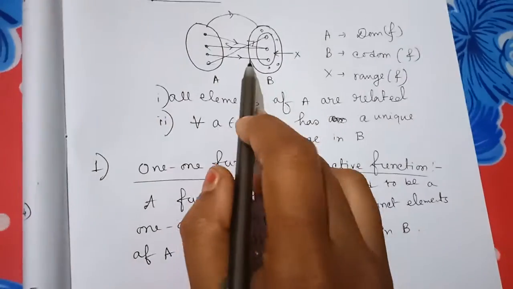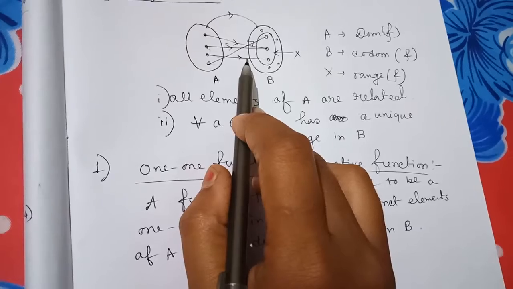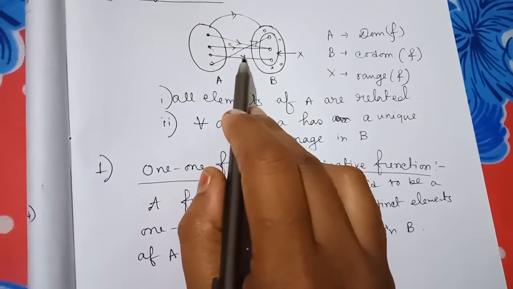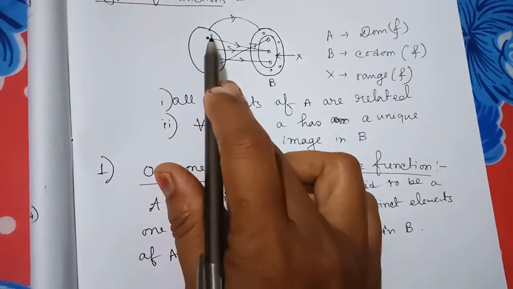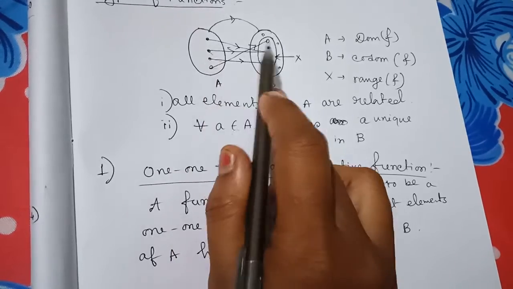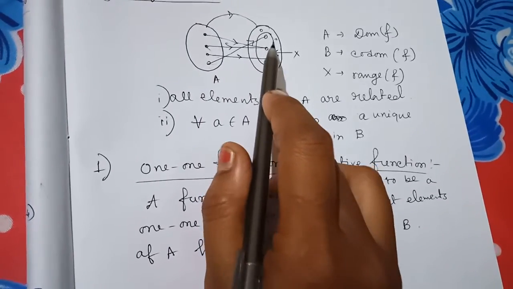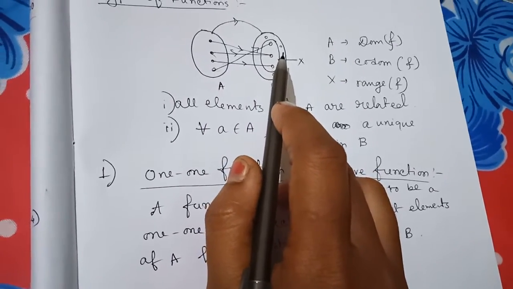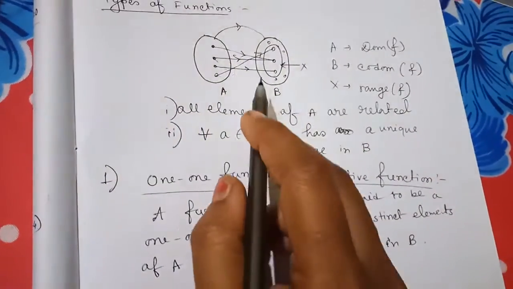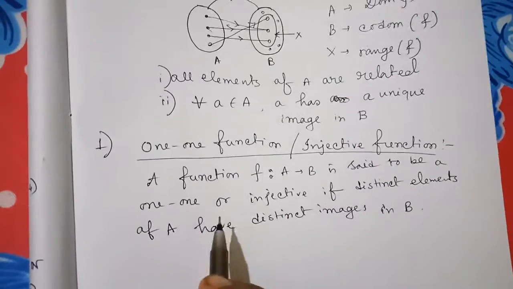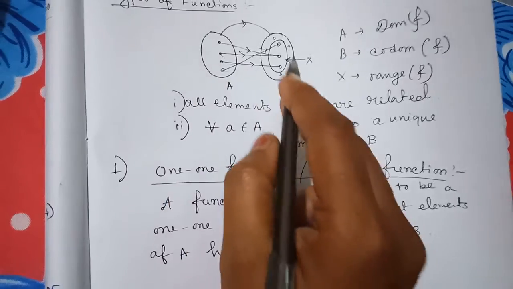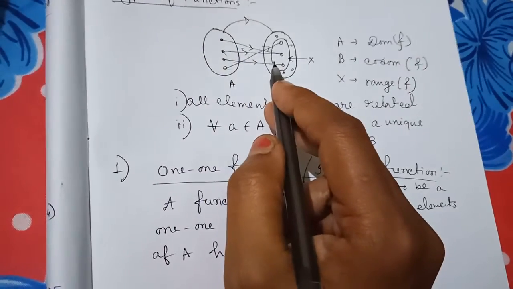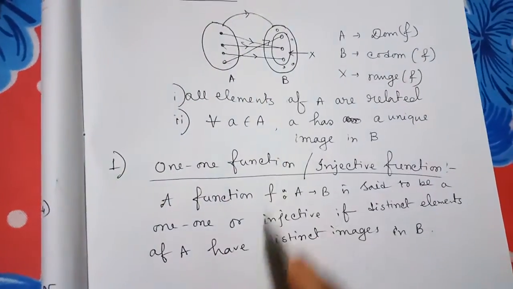It means it is not one-one for sure. Because if we take distinct elements we should get distinct images, but here it is not so. So this particular example is not a one-one function.